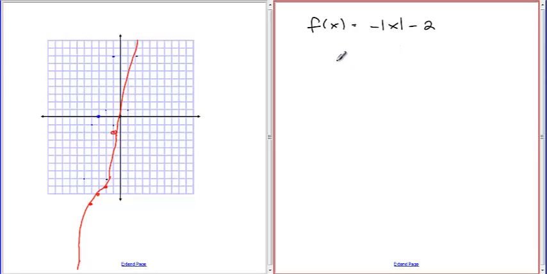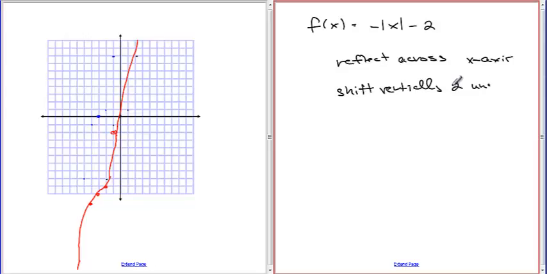So we're going to say reflect across x-axis, shift vertically 2 units down.